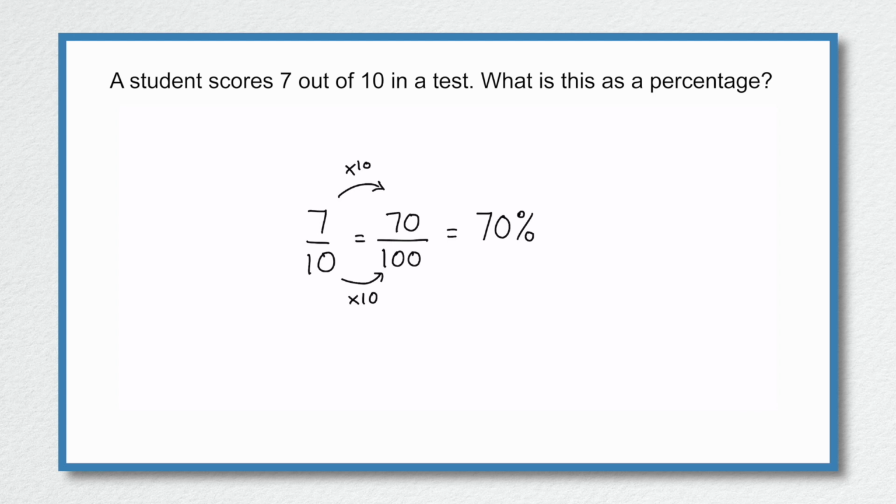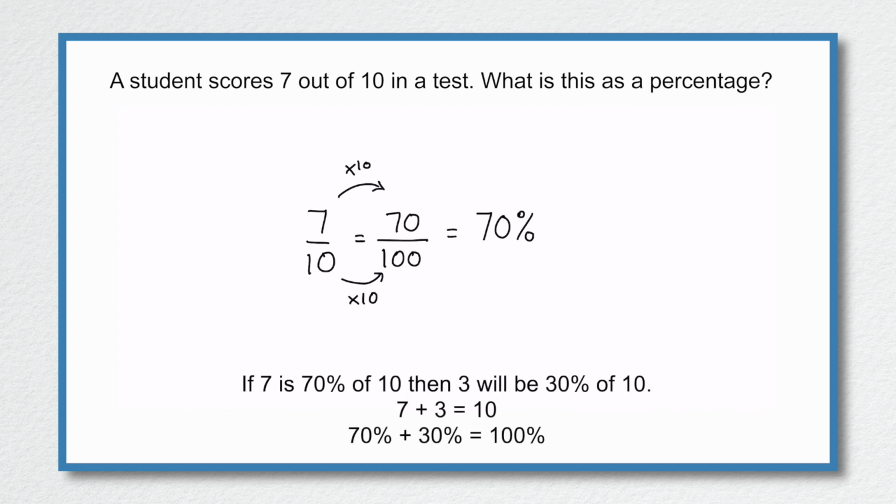So we would say that 7 is 70% of 10. And think of 10 as the 100%. This would also mean that 3 would be 30% of 10. Anyway, we're going to move forward and look at some approaches at finding the percentage of one amount to that of another.